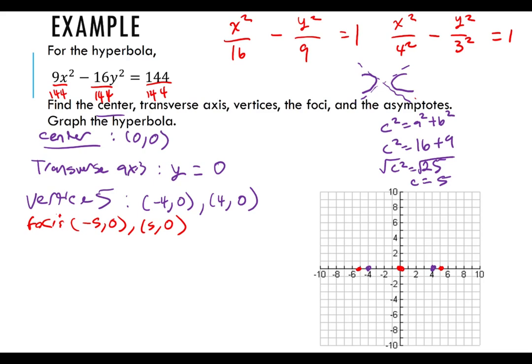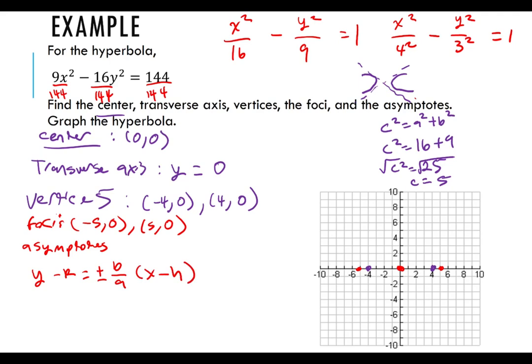Then lastly, we just need to find the asymptotes. And be a little bit careful because the asymptotes change slightly. It's the difference between b over a or a over b when you're looking at those formulas. And so because we have a horizontally opening hyperbola, our asymptotes are going to be y minus k is equal to plus and minus b over a times x minus h.